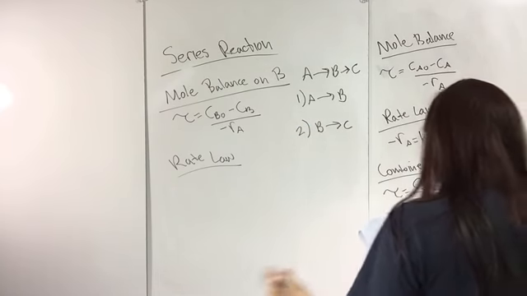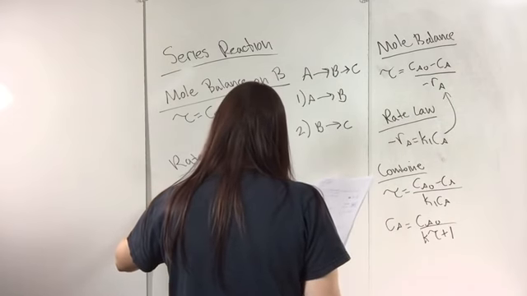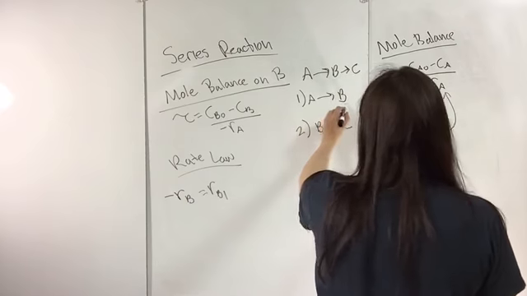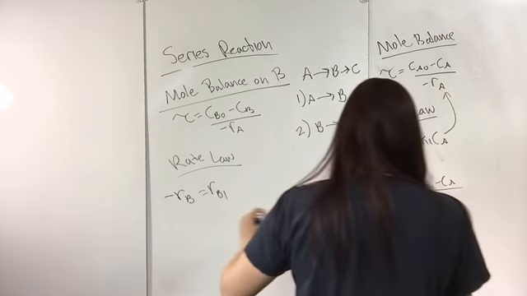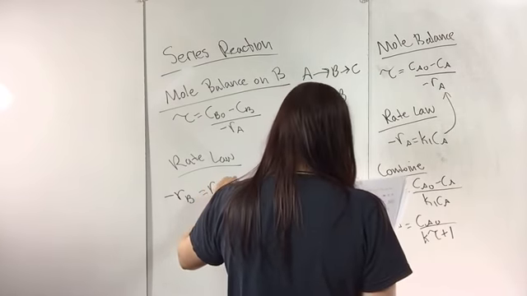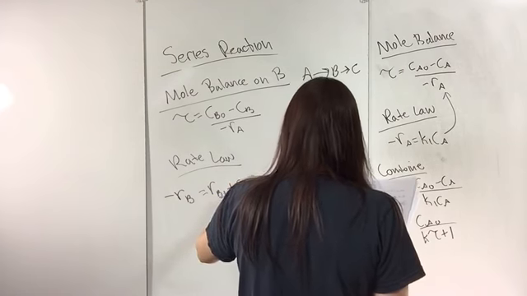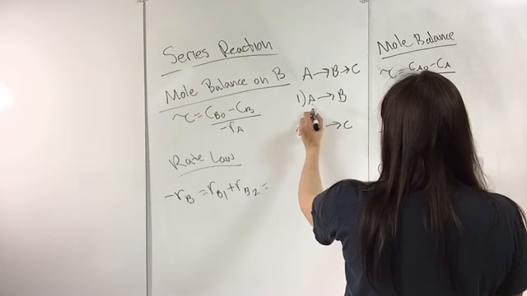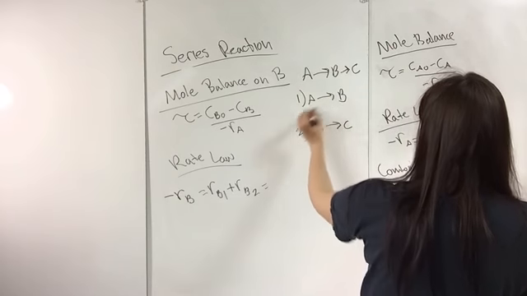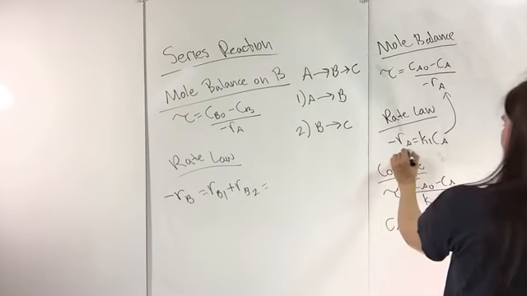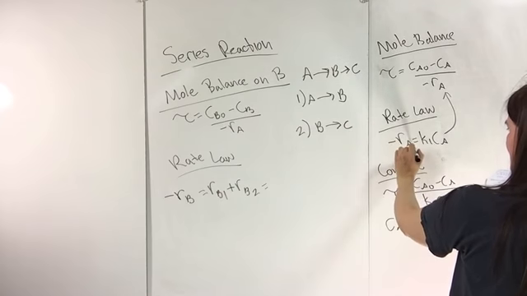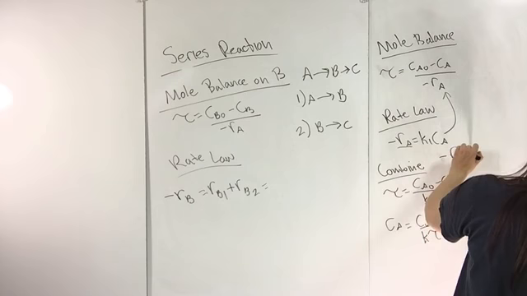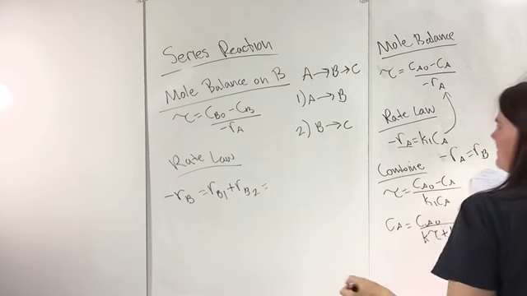And so the rate law would be equal to the rate of the first one plus the rate of the second one. And so let's just say we already know the rate of A, and minus Ra is equal to Rb.